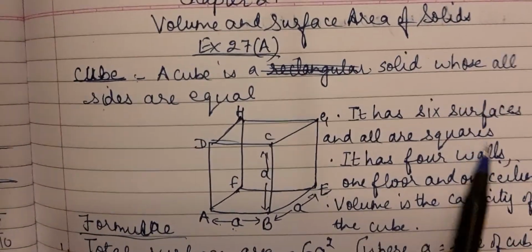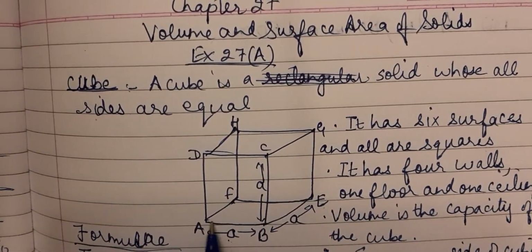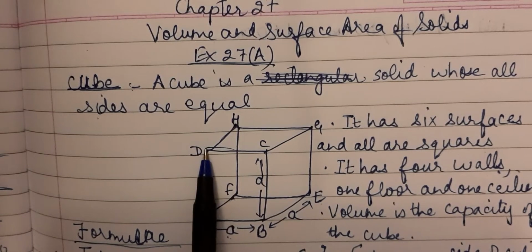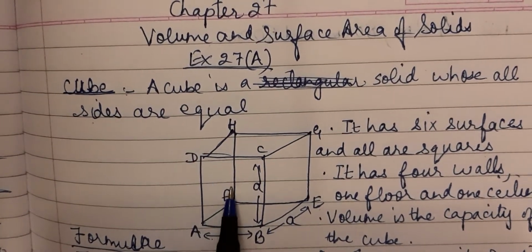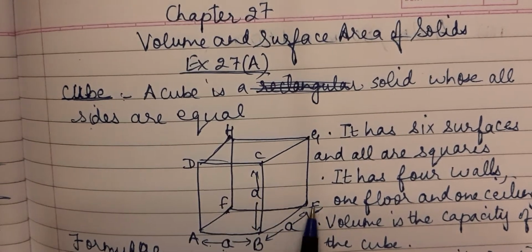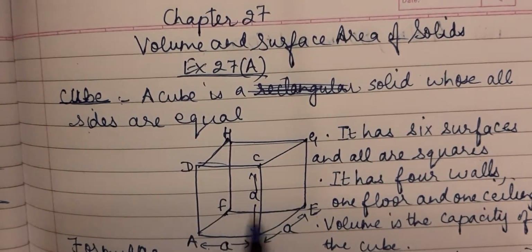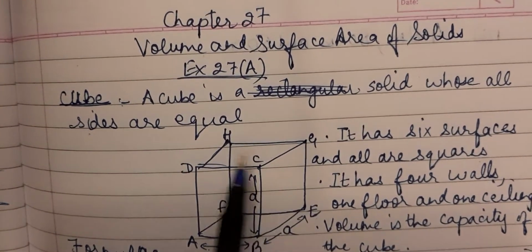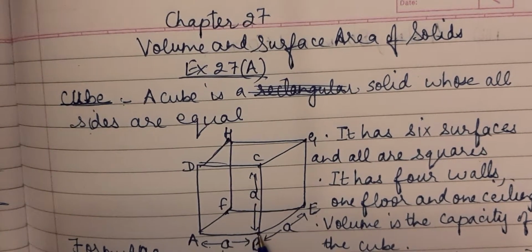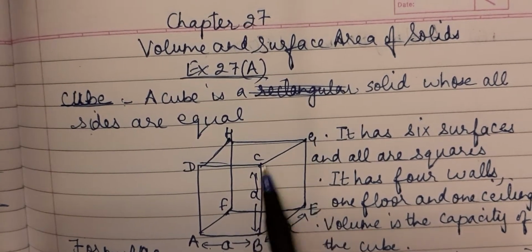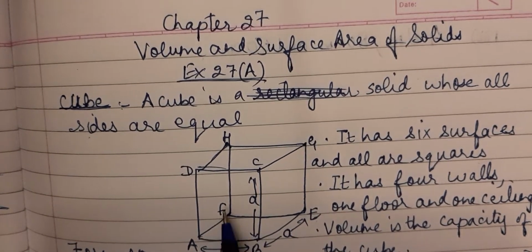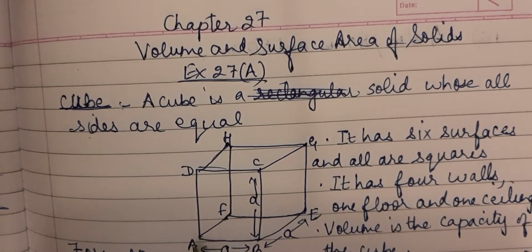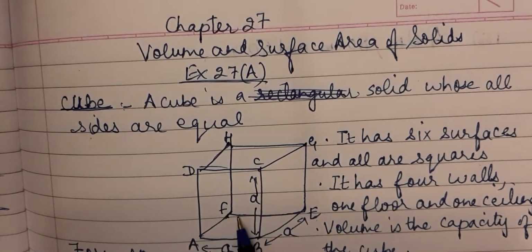As you can see, the first surface, which is ABCD, is a square. The second surface, which is behind it, is EFHG, and on the side you have BEGC, and opposite to it, it is ADHF.